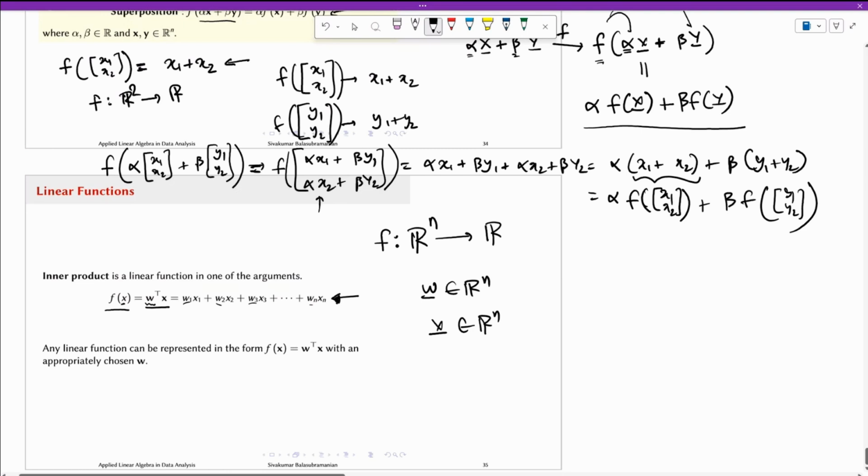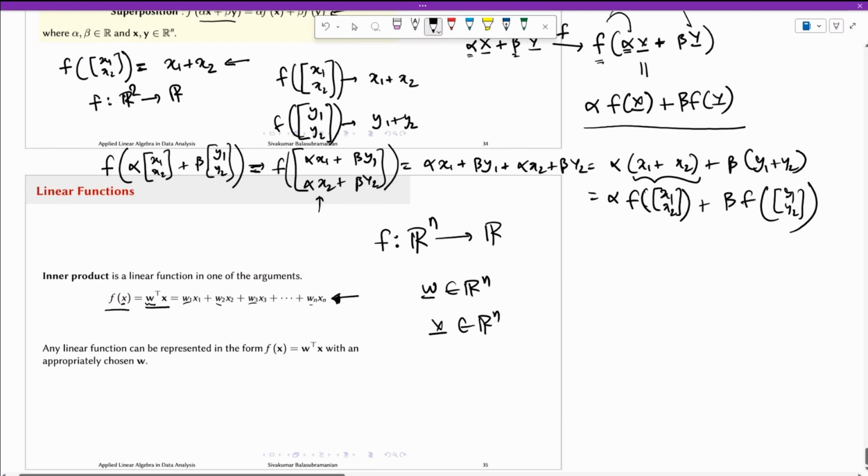And in your assignment, you'll learn how to find this. Let's say I give you a computer program, and I say this computer program represents a linear function. Whenever you input a vector from Rn, it will give you a real number.